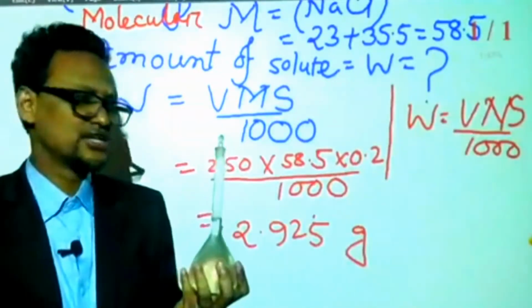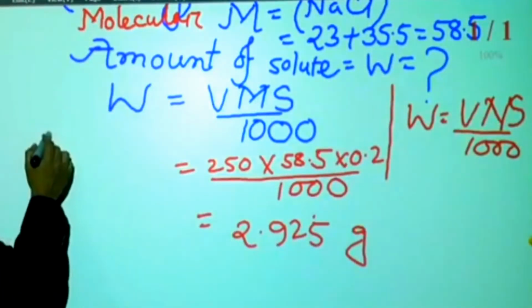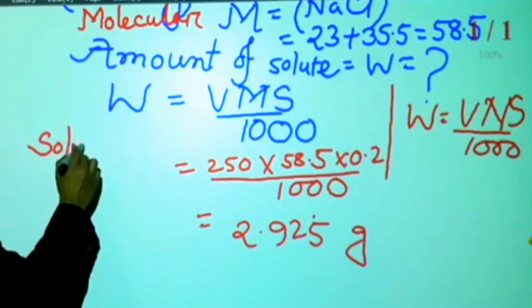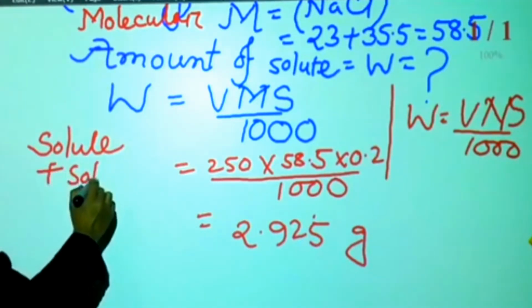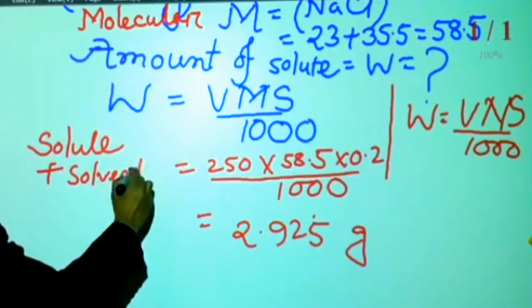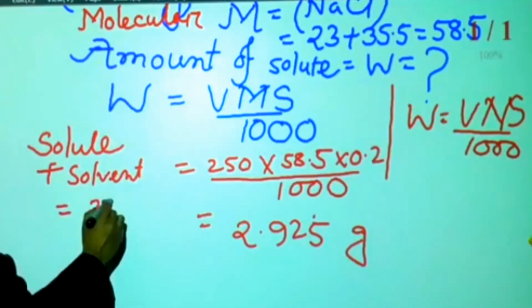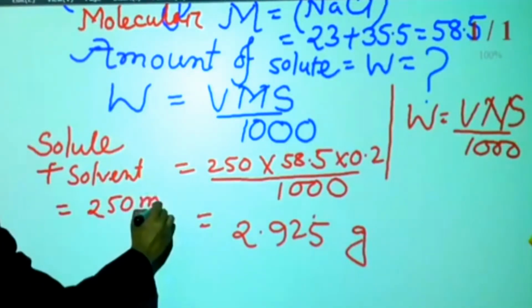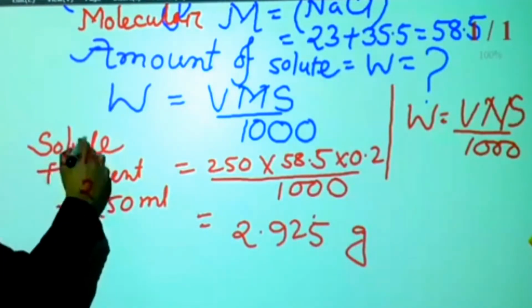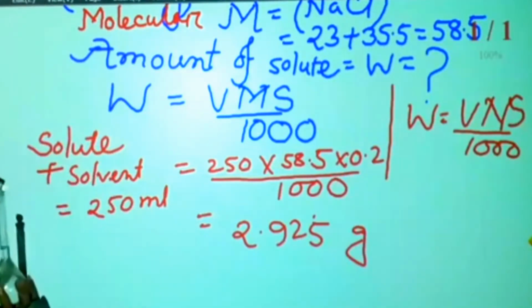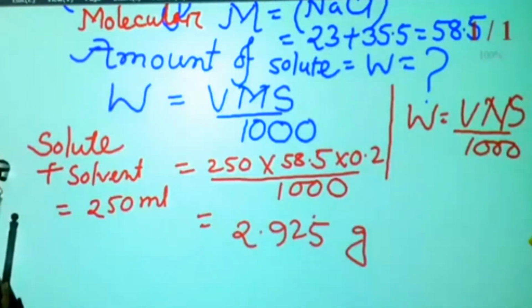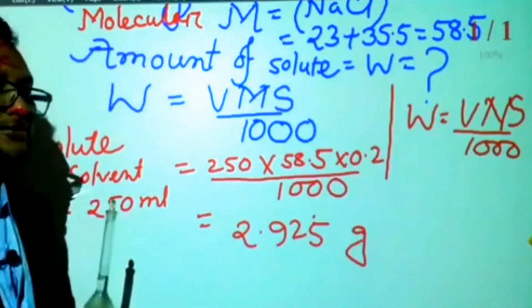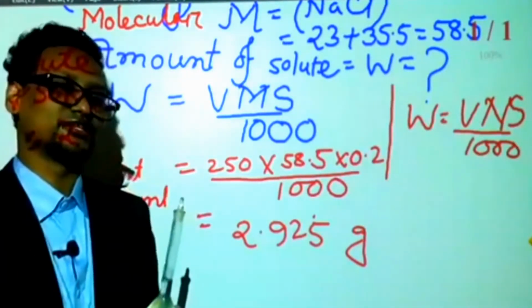No, solute plus solvent equals 250 milliliter. So if you take solute 2.925 gram, the rest of the part will be solvent, which is not equal to 250 milliliter.